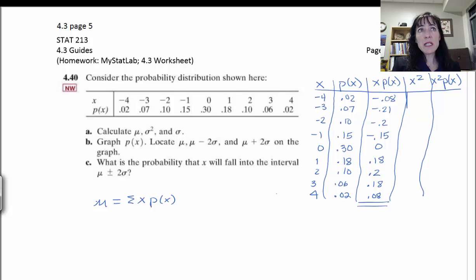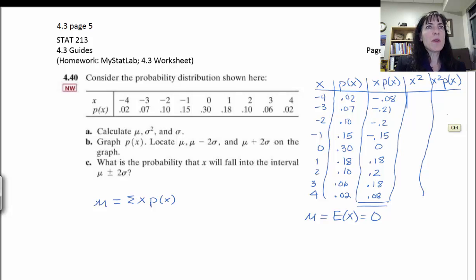So I've done the x's times their probabilities right here, and I just need to sum those, and that's going to be my expected value of x. When I sum those all up, for this one, I happen to get 0. So the expected value of x, which is the same thing as the mean, is 0.